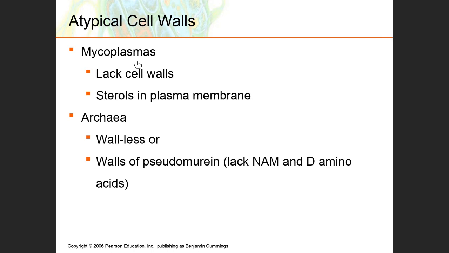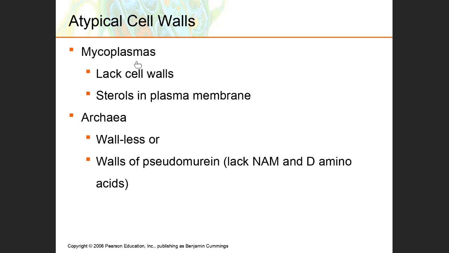Because they have no cell wall, they're not rigid. So why don't they explode in a hypotonic environment? Well, they may, but they also have sterols in the plasma membrane. And you remember from 150, sterols like cholesterol can help add rigidity to the lipid membrane. And so sterols provide some structural integrity to the mycoplasma cell membrane.